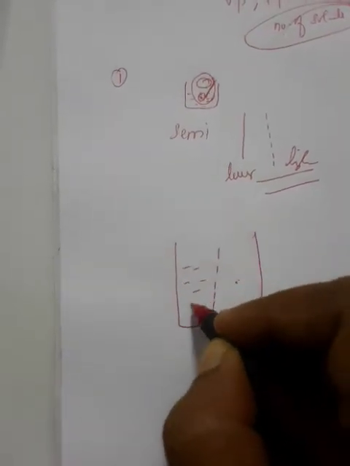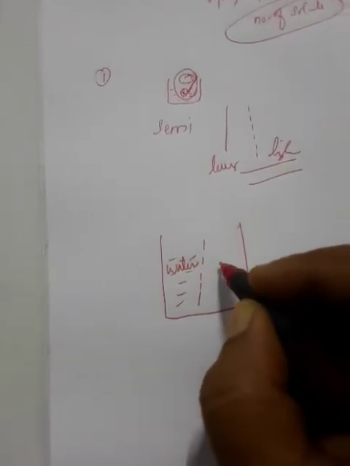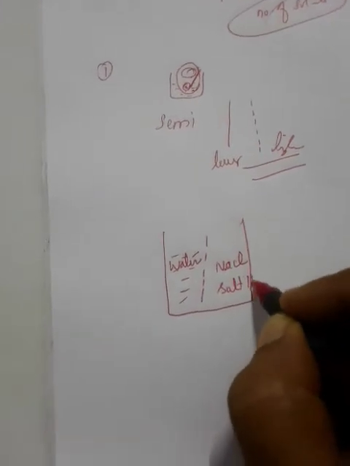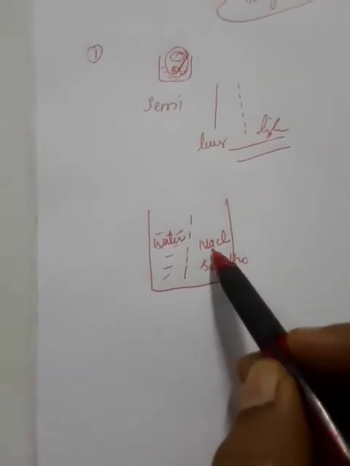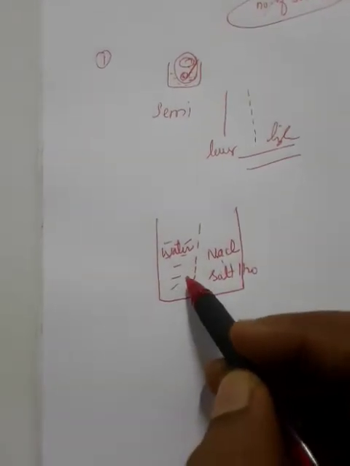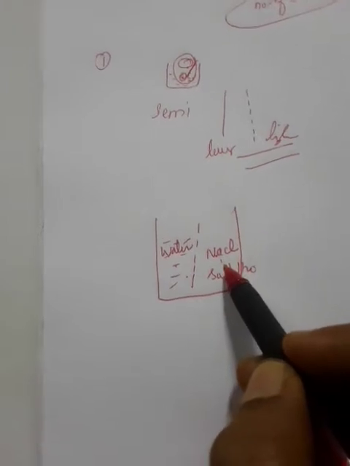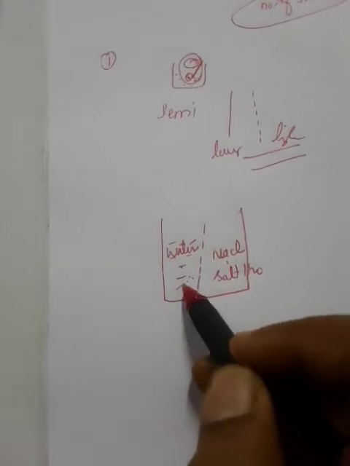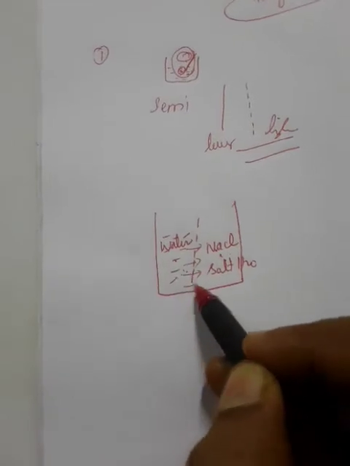Here in the first compartment, water is taken. In the second compartment, sodium chloride, that is salt water, is taken. So, see here the concentration is more. There is a difference in concentration: here pure water, here salty water. So, what happens? The water molecules move from the first compartment to the second compartment through the semi-permeable membrane.